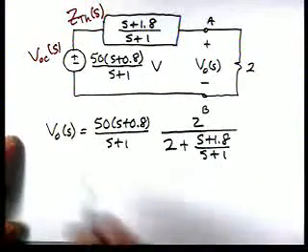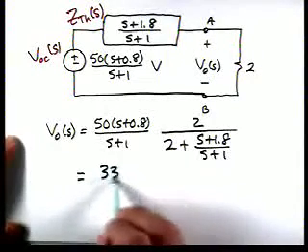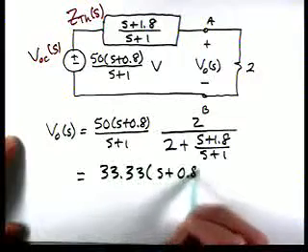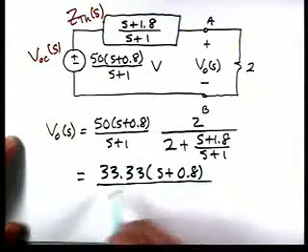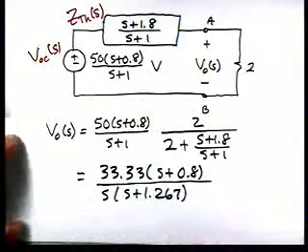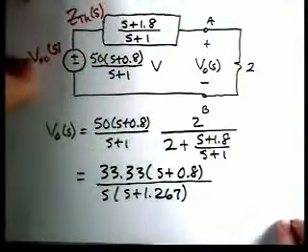And if we manipulate this algebraically, we come out with 33.33 times S plus 0.8 over S times S plus 1.267. So now that completes step 3 of our problem solving strategy, where we get a ratio of polynomials for V0.